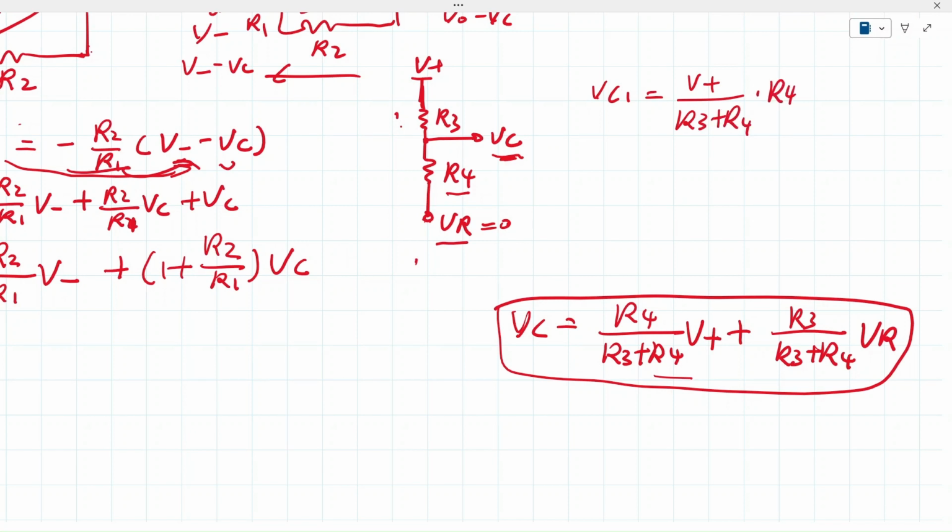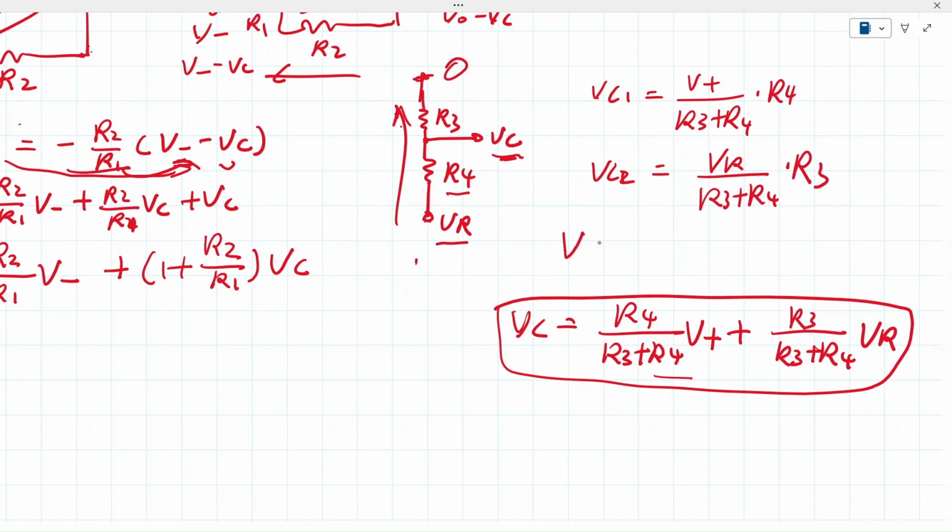This is a typical voltage divider, everybody knows that. Then another situation we can think about is VR exists and V plus equals 0. So the current will flow in that direction. So we have VC2 equals VR divided by R3 plus R4 times R3, because here it's 0.